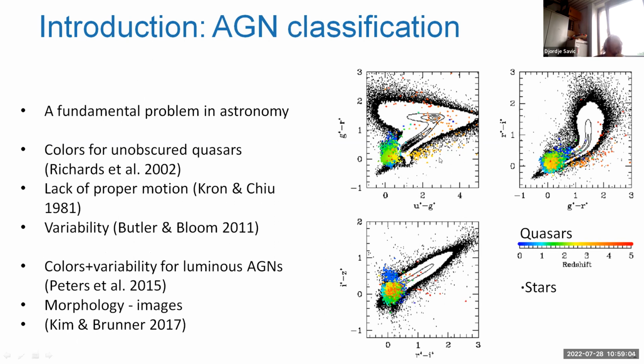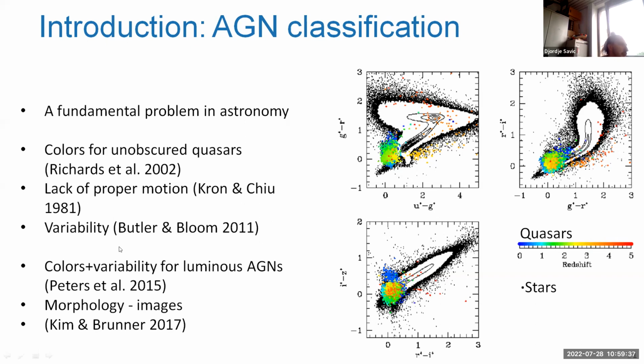The most widely used was the color diagram selection, because it is known that quasars, galaxies and stars populate different regions in the color diagram, but there are also some overlapping regions. Another method that was used is the fact that quasars lack proper motion.